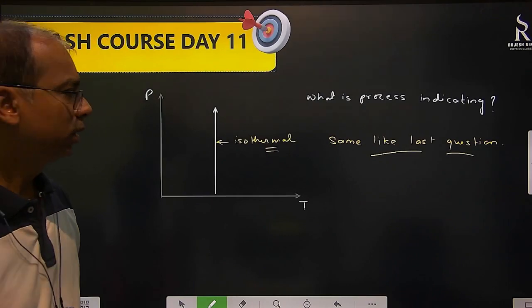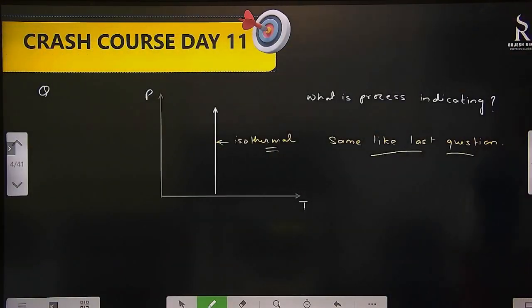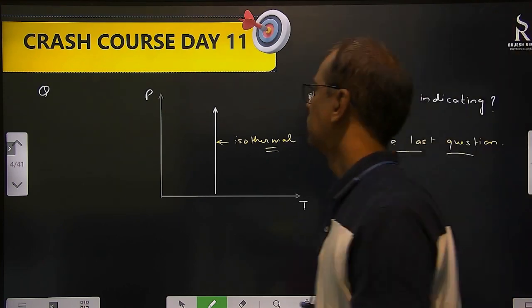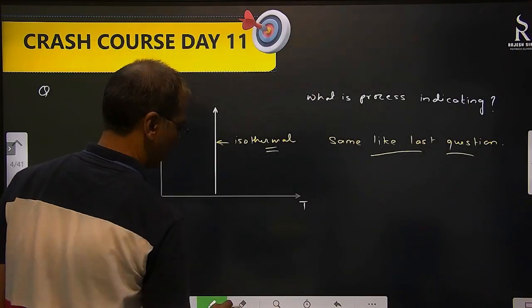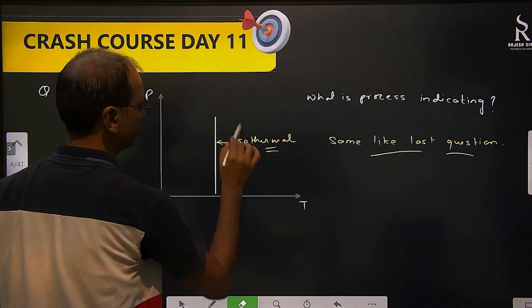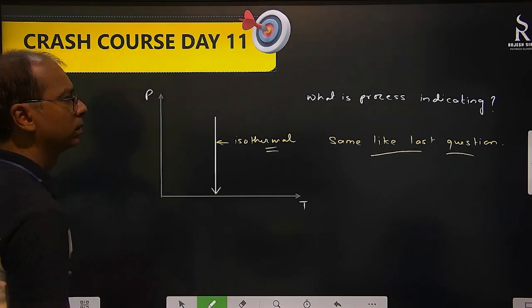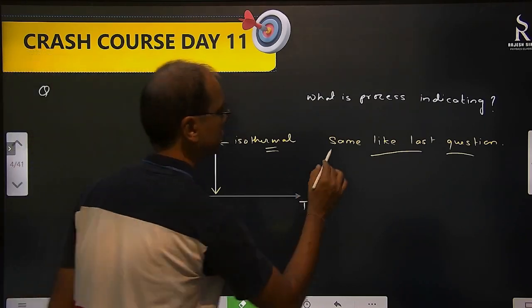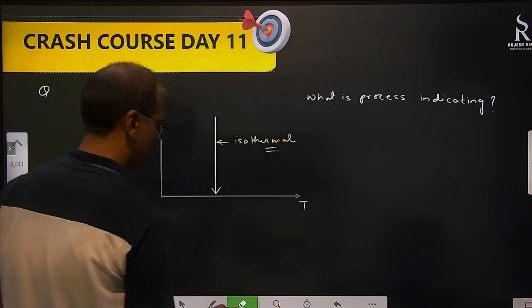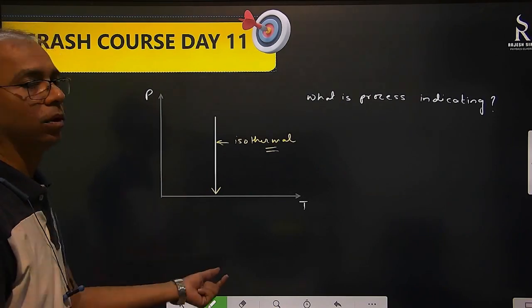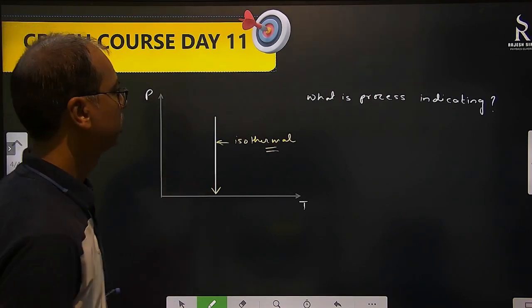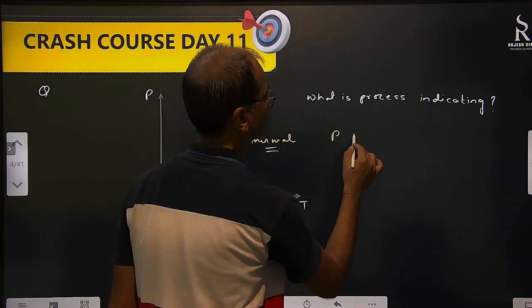What we can do is make the arrow go down, then it can be a different question. Otherwise it is the same question as the last one. So if suppose I change this arrow and make it down, then what do you say? Now this is not the last question. In this one pressure is going down, temperature is constant, yes, pressure is going down.